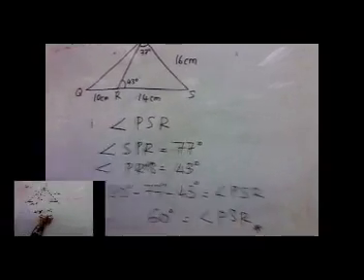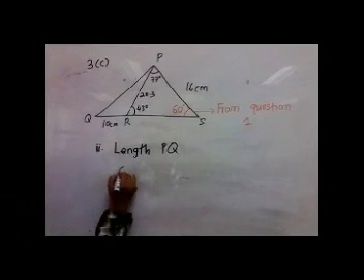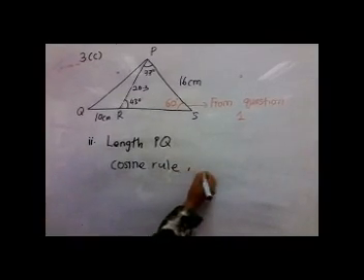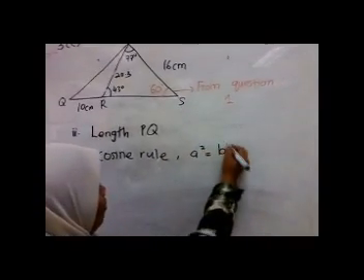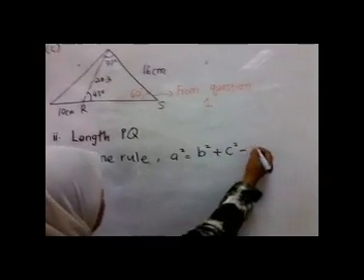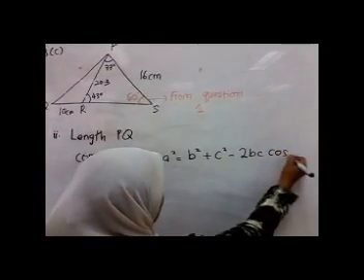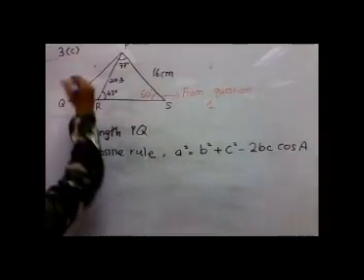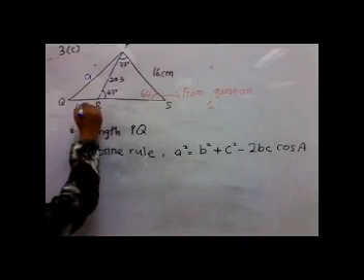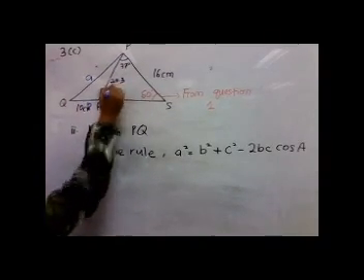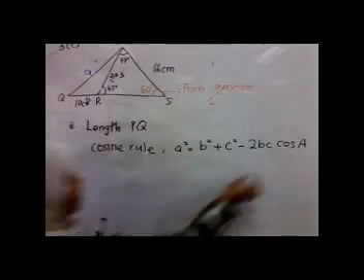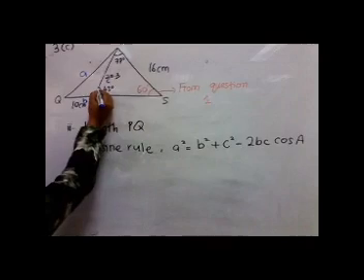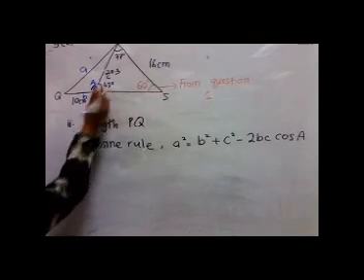Find length PQ, so we need to apply cosine rule. So cosine rule, which is A square equals to B square plus C square minus 2BC cosine A. So this one is our A, our B, and this one our C. So to find cosine A, we need to determine the angle for A. So this one is the angle for A. So how to find this angle?